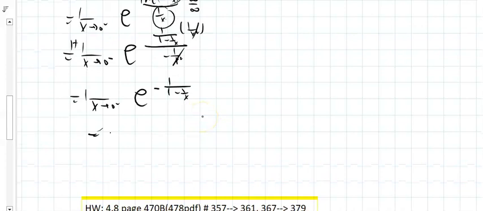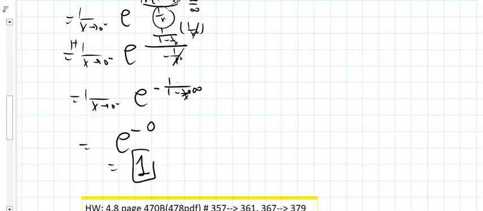As x approaches 0, that 1 over x is going to approach infinity, right? And 1 over infinity is 0, and that becomes a 1.